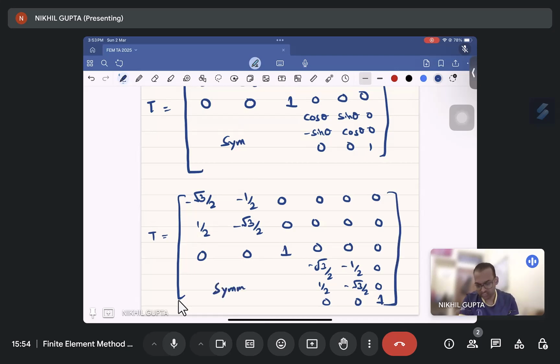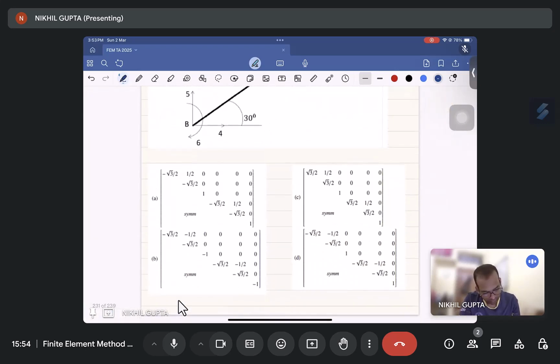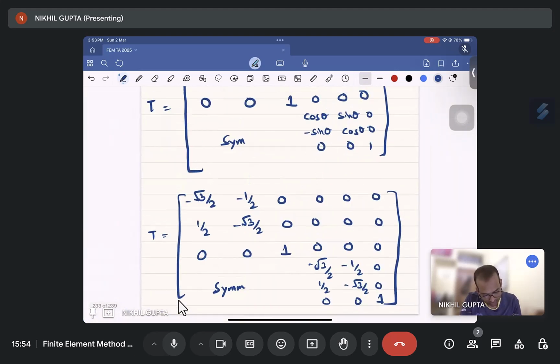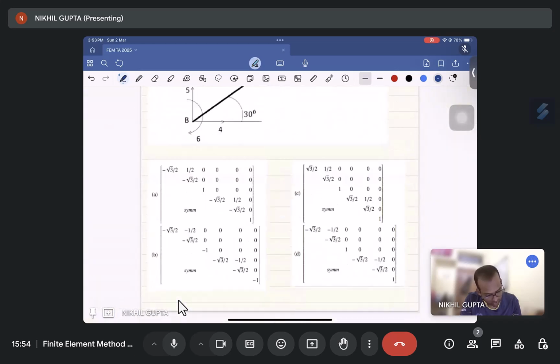Okay, so this is the question which was asked. So the option which will come, I think all are negative, and this 1 by 2 is positive. So let's see the options.